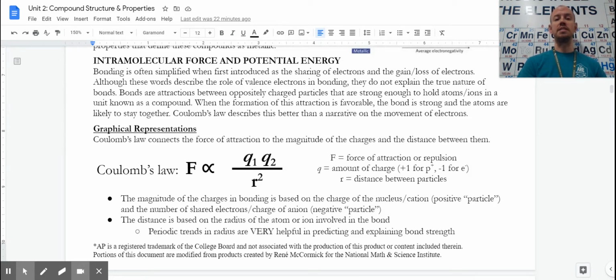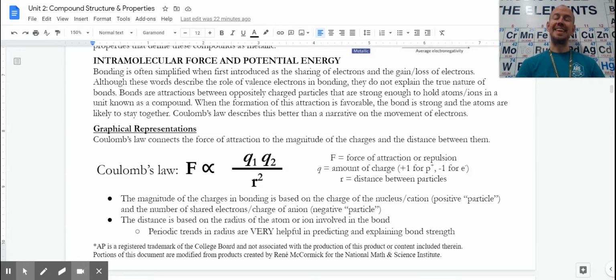So Coulomb's law says the attraction between particles, and we would be talking about particles within a molecule or compound, is proportional to, we're not going to do any calculations, the size of the charge, which is related to maybe the charge of an ion or the charge of protons and electrons.